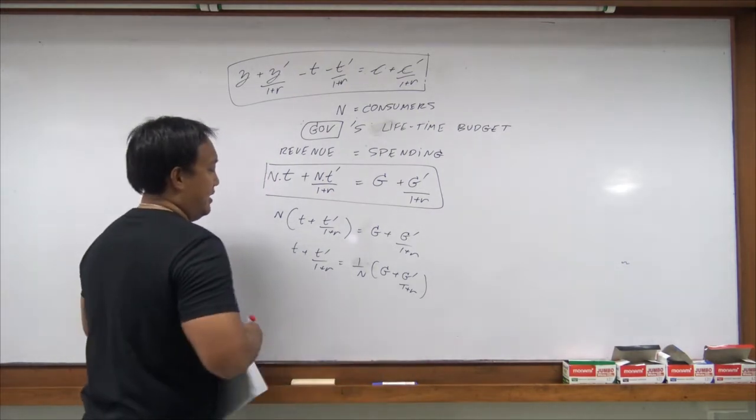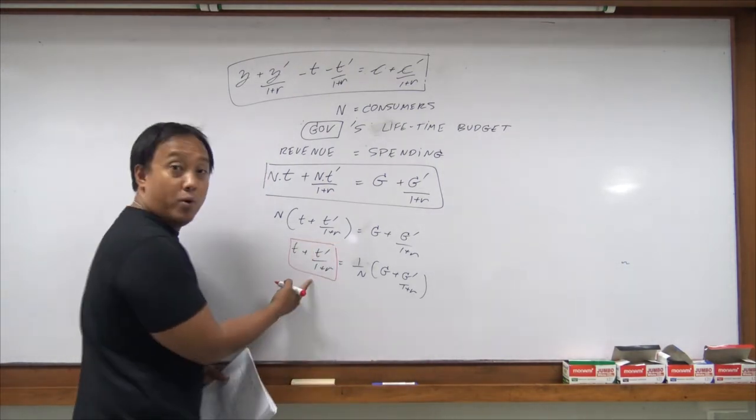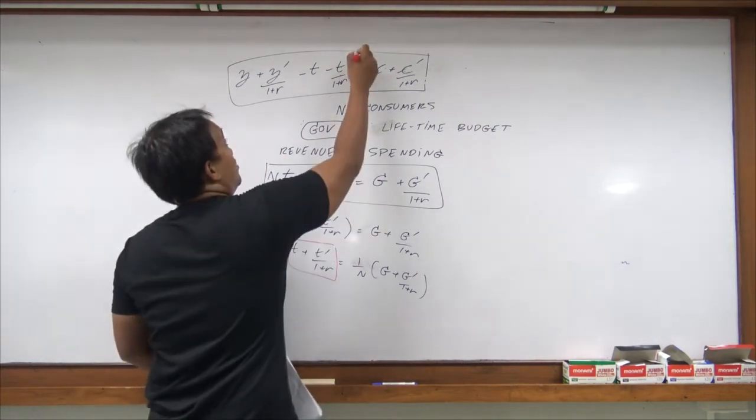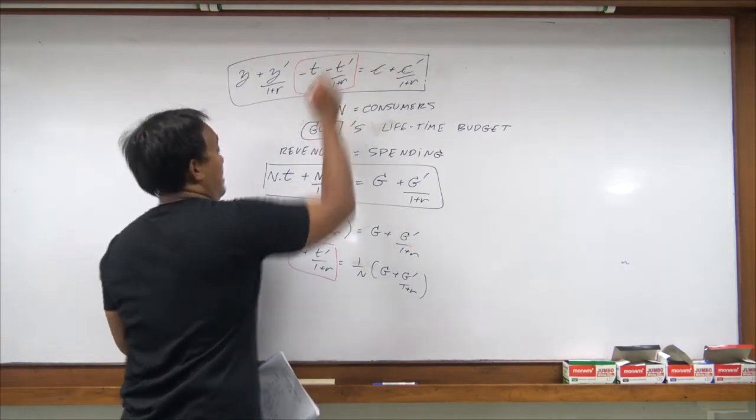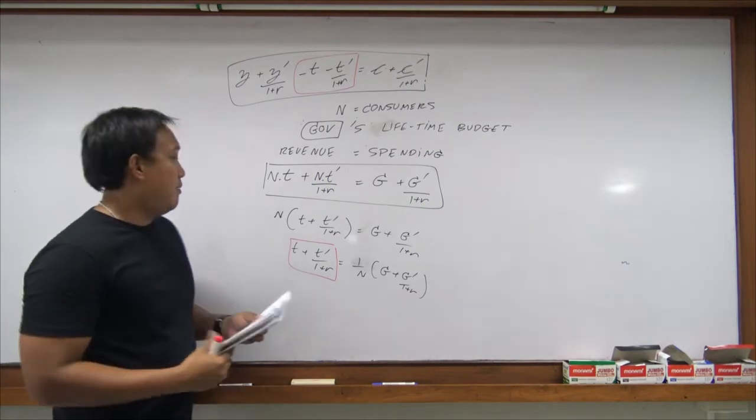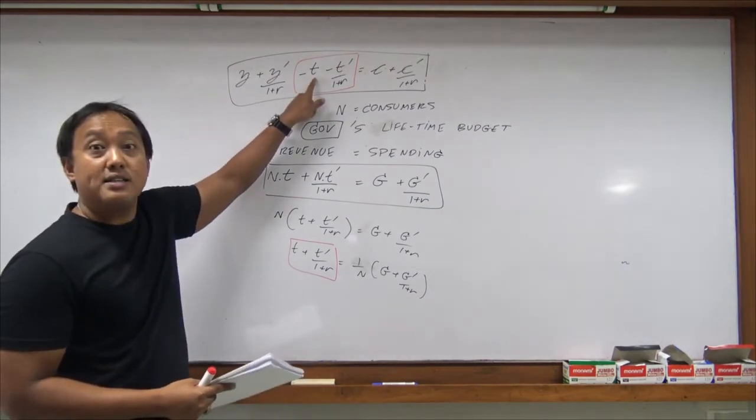After I got this equation, you can see that this is T plus T prime over 1 plus R. This one and this one are exactly the same. I can plug this one inside this equation.